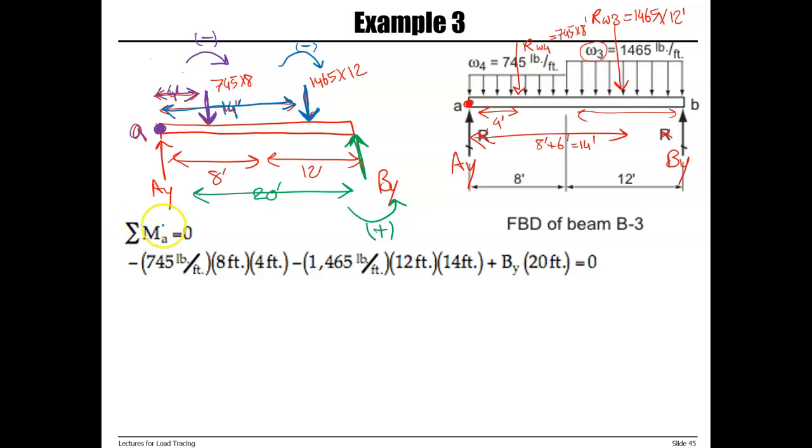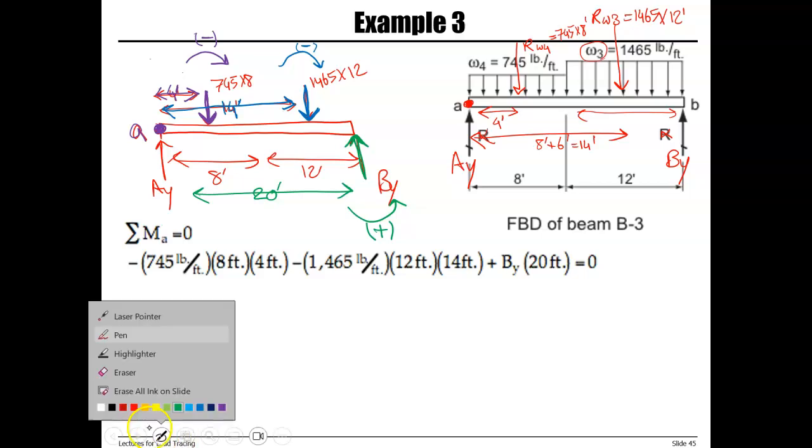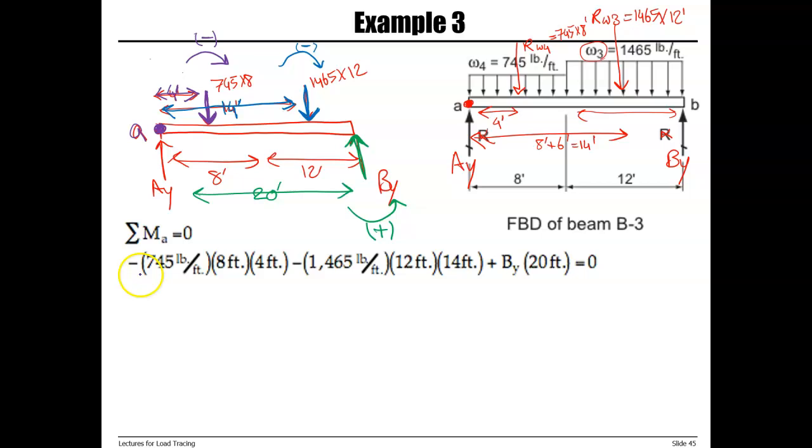So if we want to write down sum of moments around point A, we have resultant of W3 times distance. This is the distance of resultant of W3 from point A, and we use a negative sign because it's clockwise.